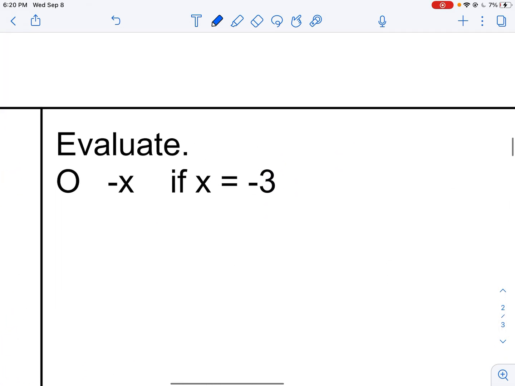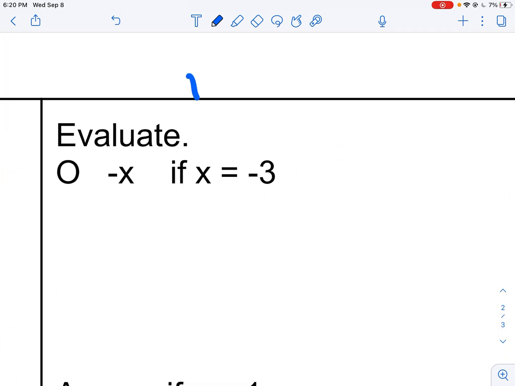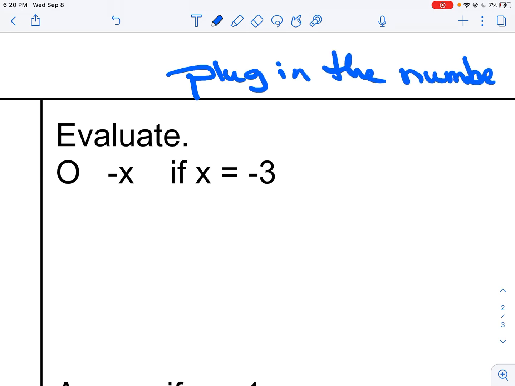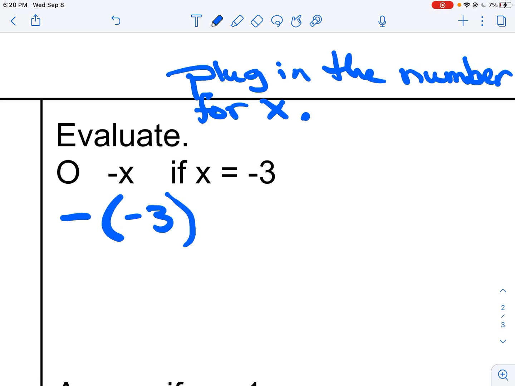Okay, and evaluate means plug in the number for x. So I have a negative already. I'm replacing x with negative 3. So the opposite of a negative is a positive.